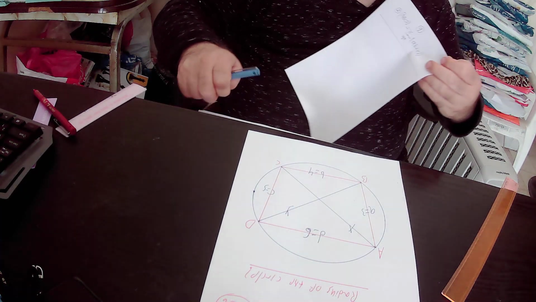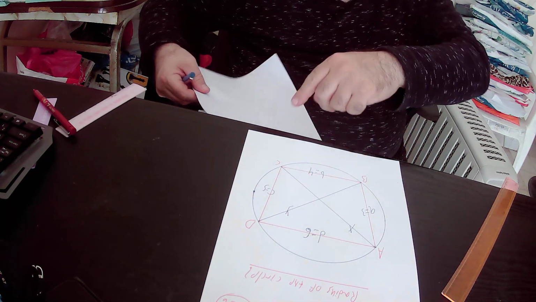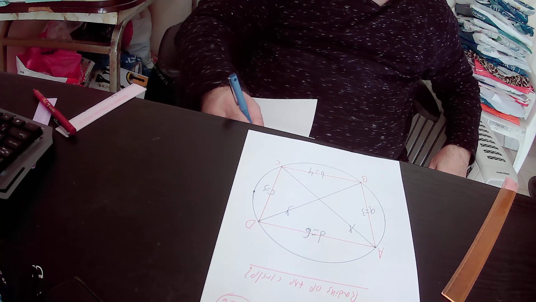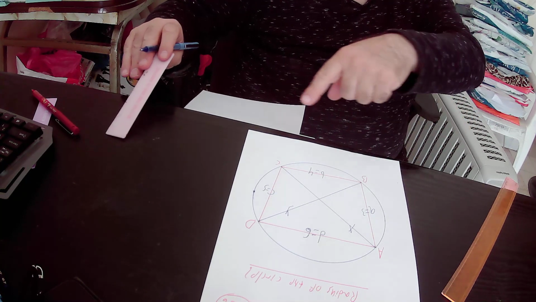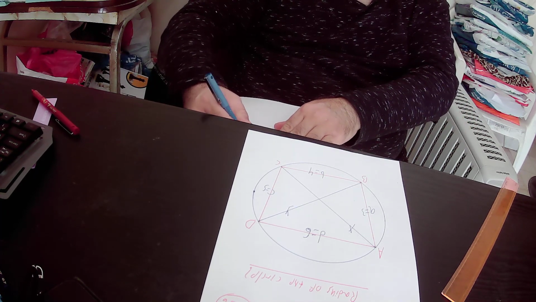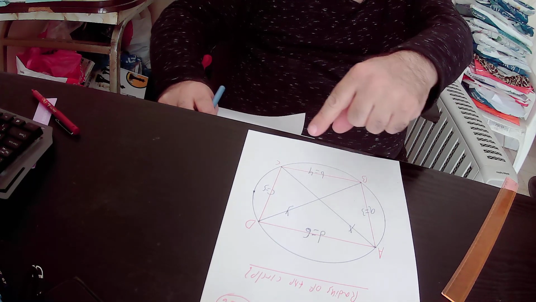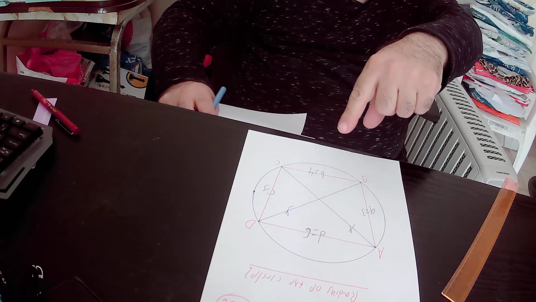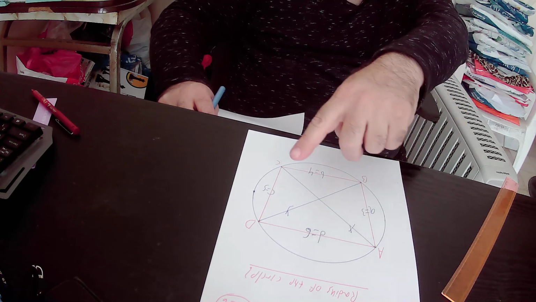Okay, so in the next step we will focus on triangle BDC. Actually, triangle BDC is inscribed by this blue circle, because all three vertices of triangle BDC lie on this blue circle.